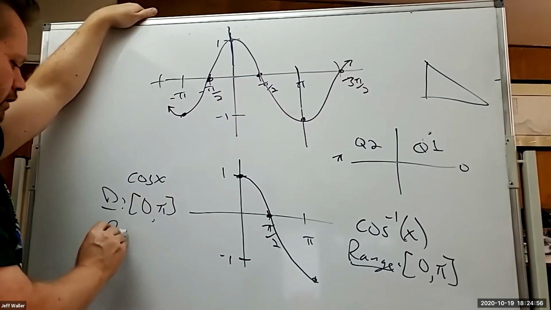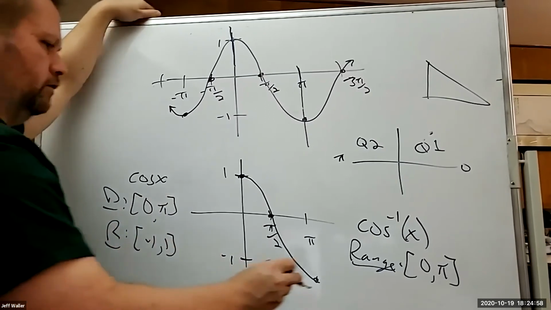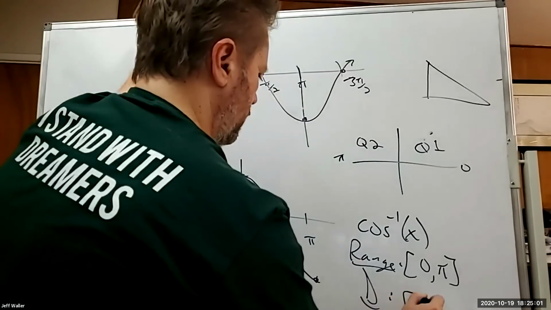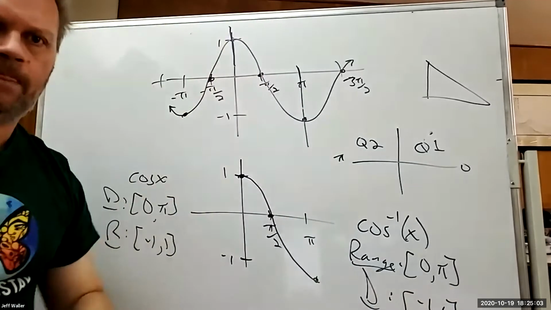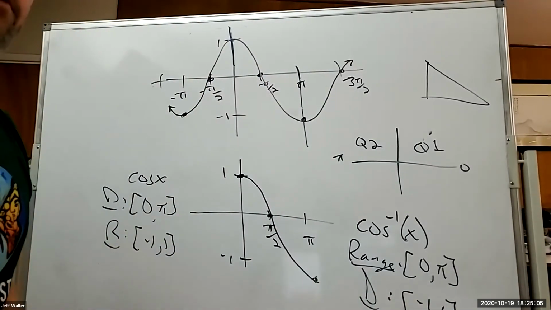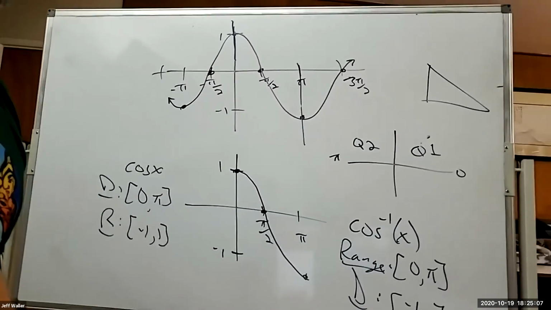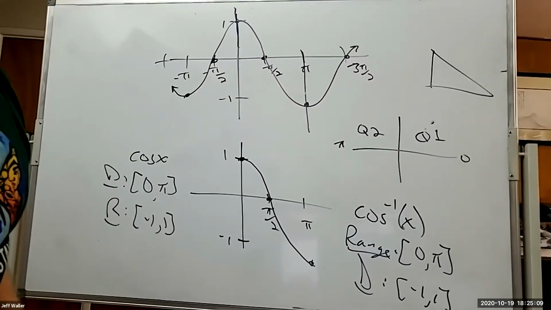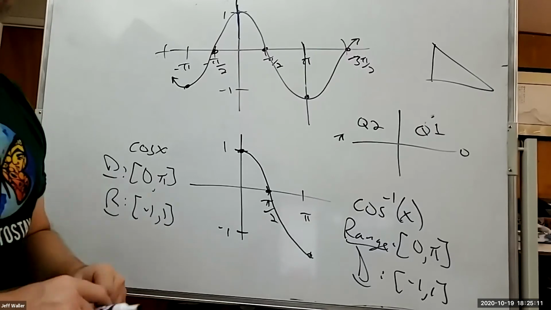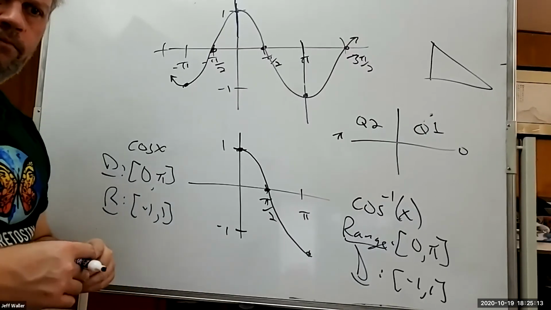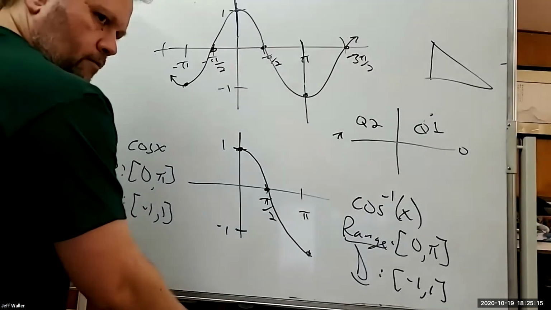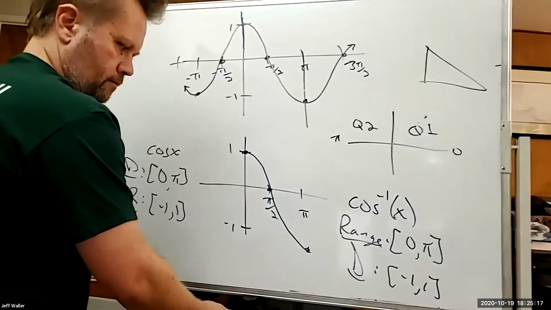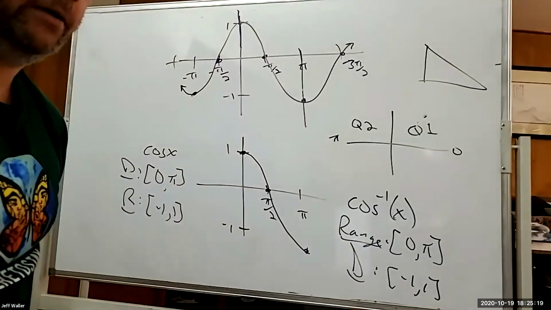And the range of cosine here is -1 to 1, so the domain of inverse cosine is -1 to 1.